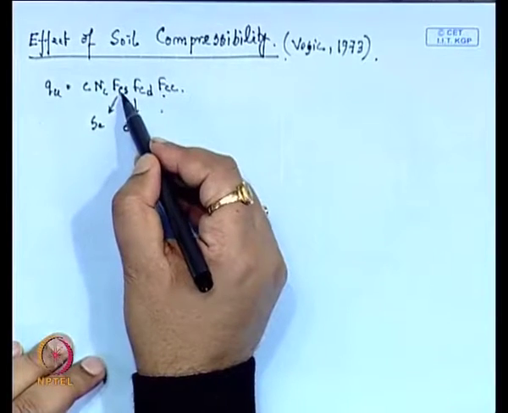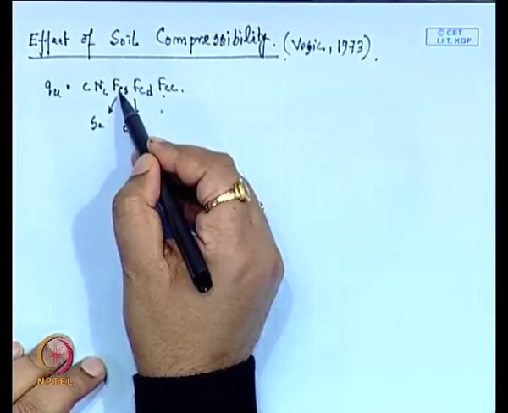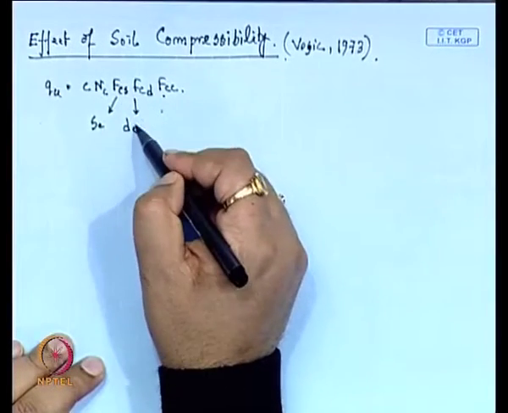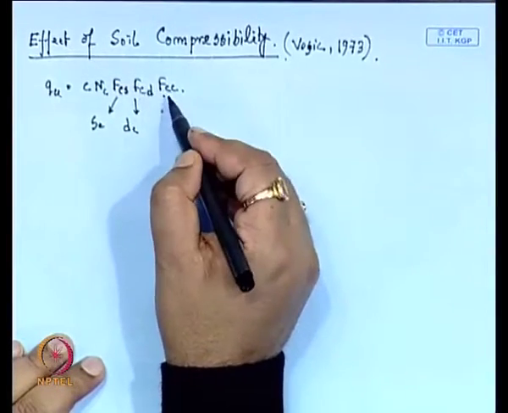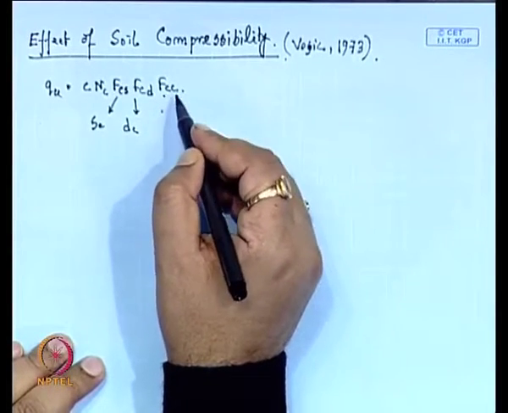So, this Fcs is the correction factor for the shape factor, this is the depth factor Fcd, and Fcc is the compressibility factor.